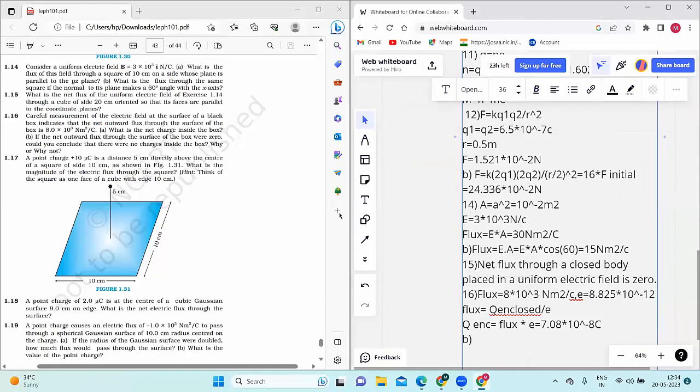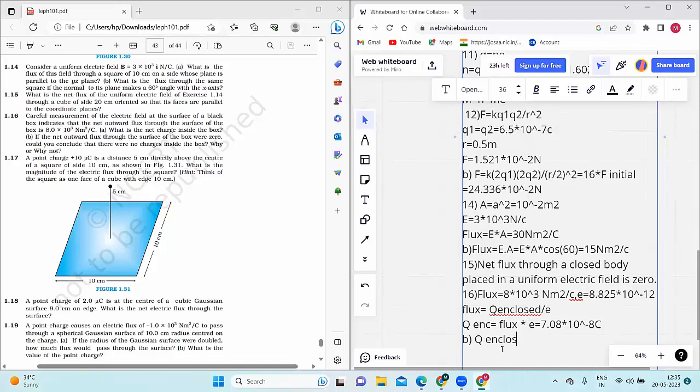For part B, the net outward flux through the surface of the box was zero. Could you conclude that there were no charges inside the body? If the net flux linked with the body is zero, it signifies that Q enclosed is zero.